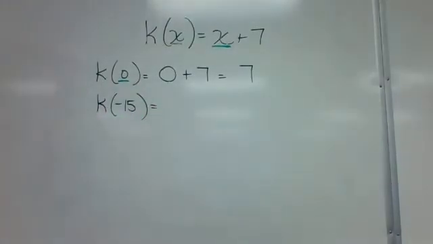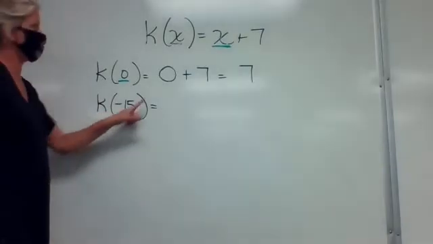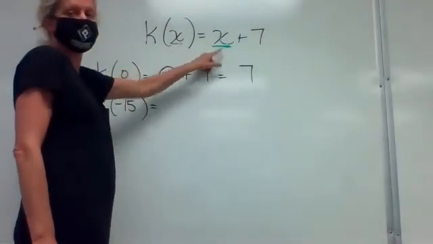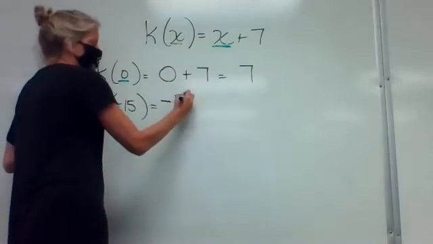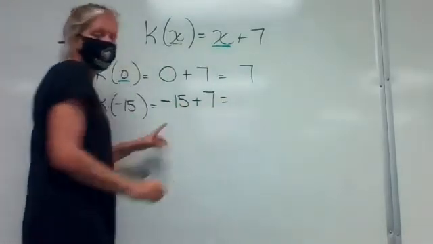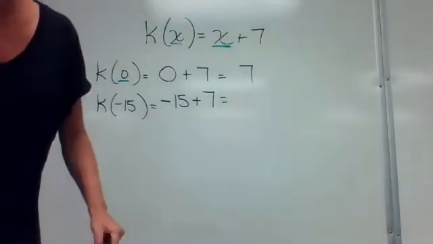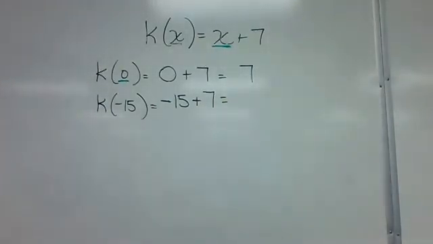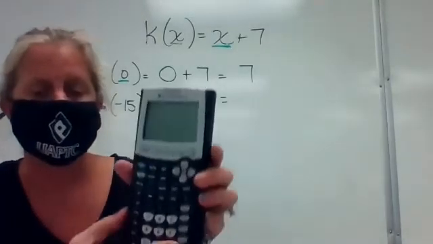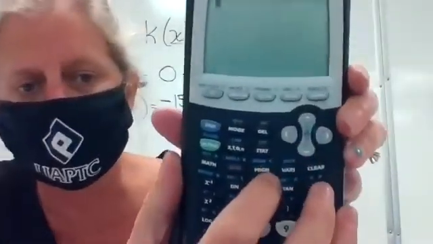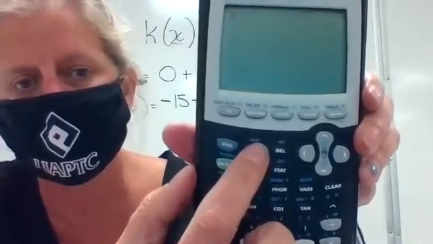It's going to ask you to do the same thing again. Now what is the X? It's negative 15. So again, I'm just plugging it in. Negative 15 plus 7. If you don't like doing this in your head, then by all means, that's what you got this calculator for. If you're still in your y equals stuff, just hit second quit.